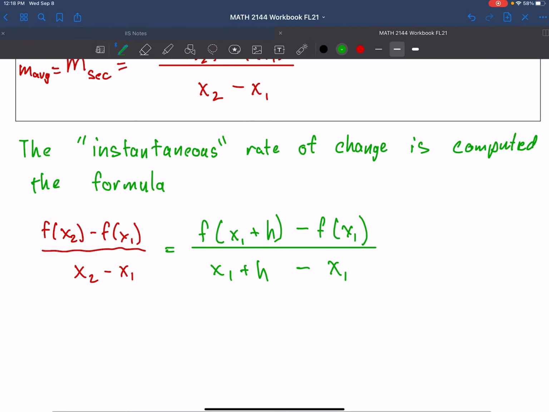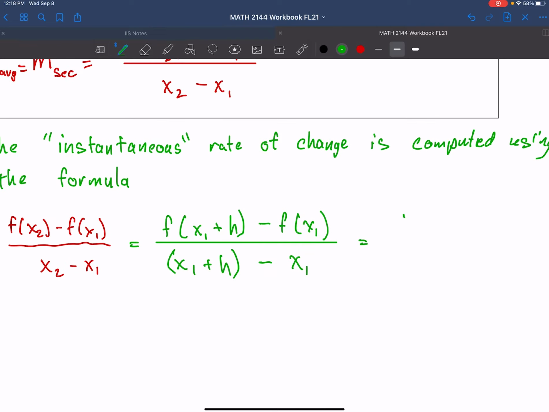Zoom in here a little bit, because this part was x2. But look what happens in the denominator. What we're left with here is f of x1 plus h minus f of x1, divided by h.